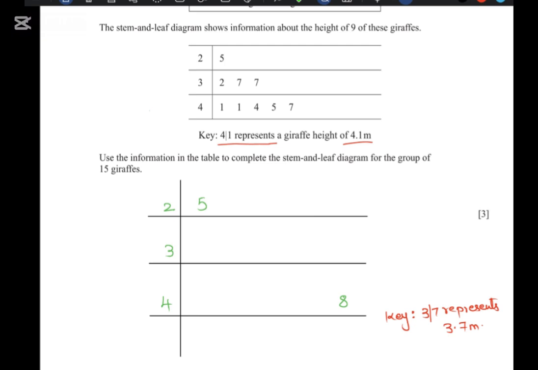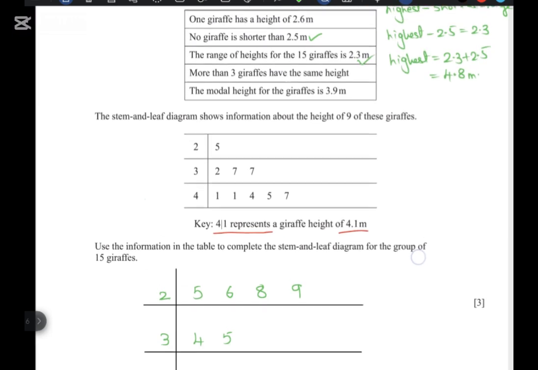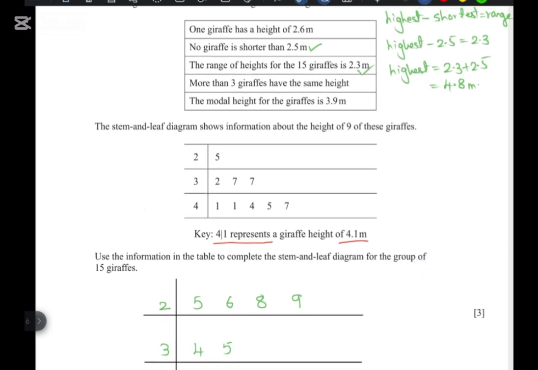We already wrote 2.5, then include 2.6, 2.8, 2.9, then 3.4, 3.5. 2.6 is included, they have given 2.6. See, one of the giraffes' heights is 2.6 meters, so I included that here. Then 2.5 is already there.